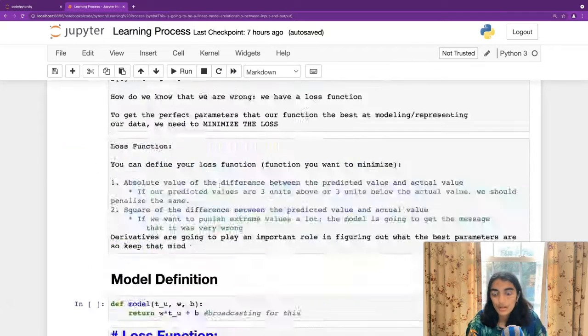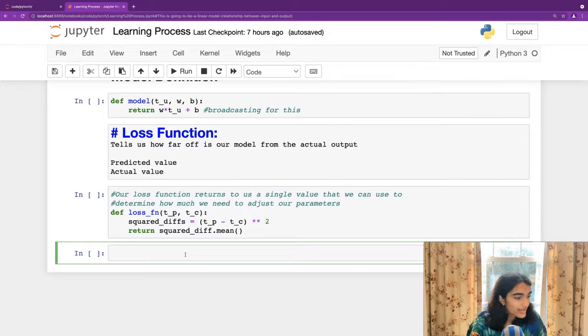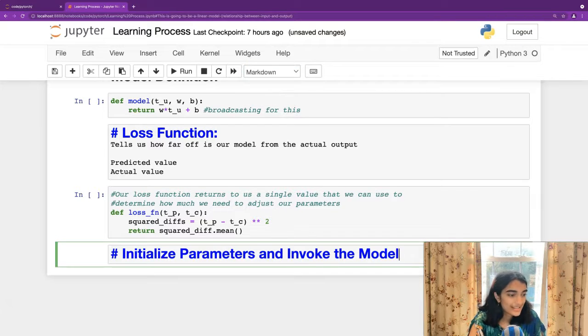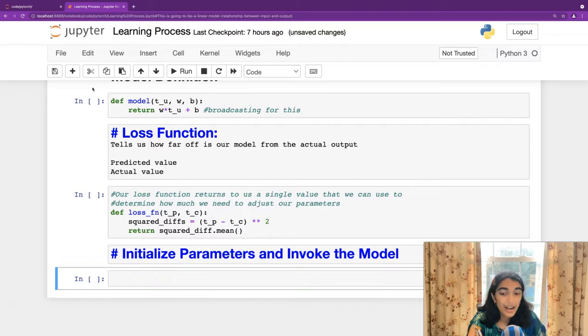Okay, so we do that, and let's initialize our parameters now that we know why we need to. I also go into this in more detail in my other video. So initialize parameters and invoke the model. Okay, so let's do that. And we're going to need PyTorch for this.